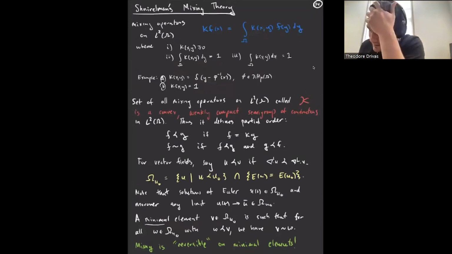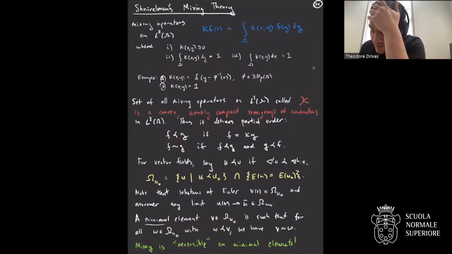And it defines a partial order in the sense that we can say F is sort of less than G, or a mixing of G, if we can find a K in this set such that F is K applied to G. And we say that they're the same when F is a mixing of G and G is also a mixing of F.